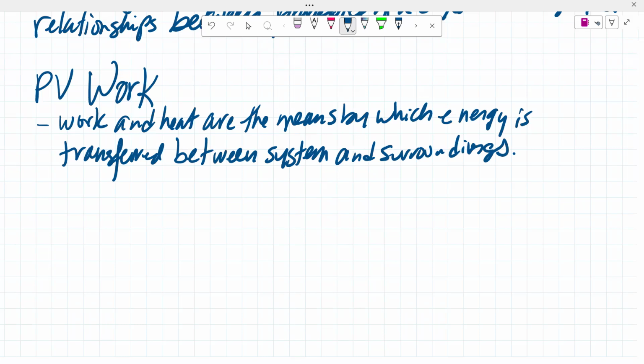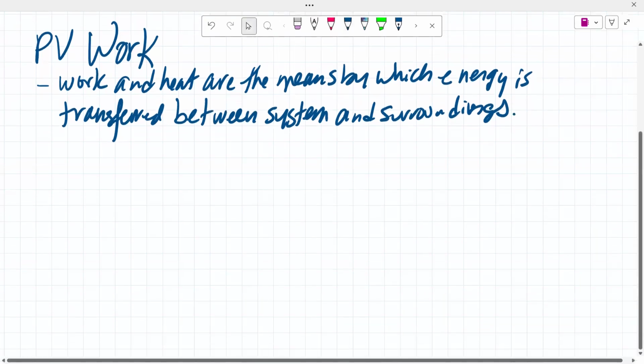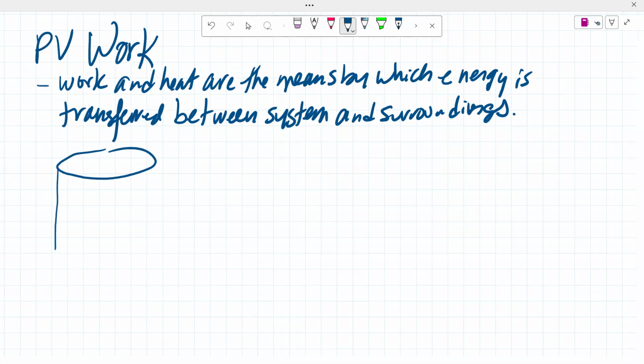Oftentimes we think about work using pistons, because this is how a lot of this was actually worked out. These days we may not use pistons quite as much as we used to, but there are a lot of things that do pertain to this. It's useful to understand a little something about how it works.